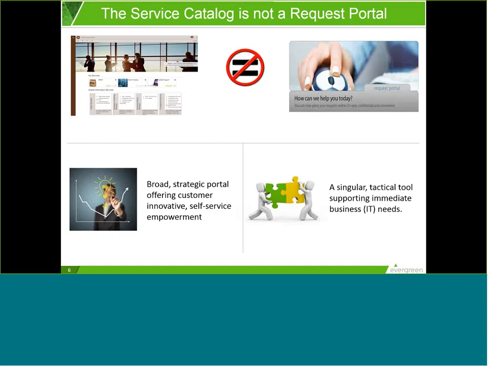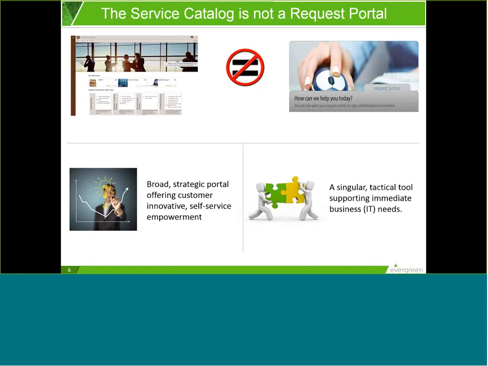On the other hand, the request portal is typically a singular, simplified, tactical, and transactional tool supporting everyday business needs. So today, let's take a deeper dive into the 6 characteristics that set a Service Catalog apart from a request portal.